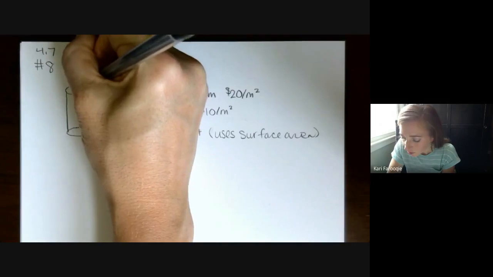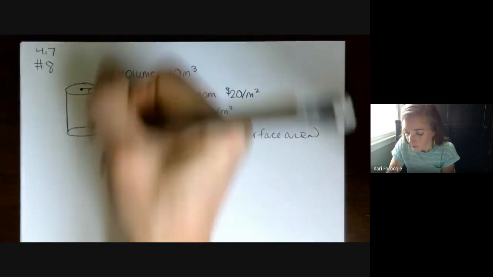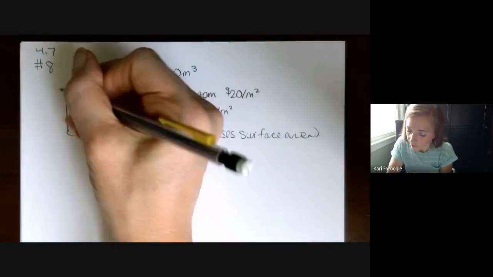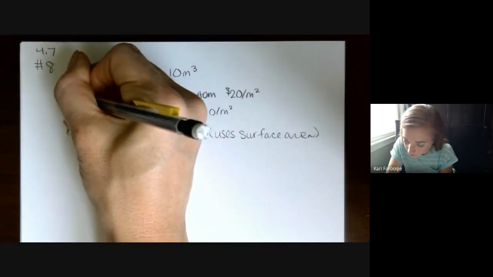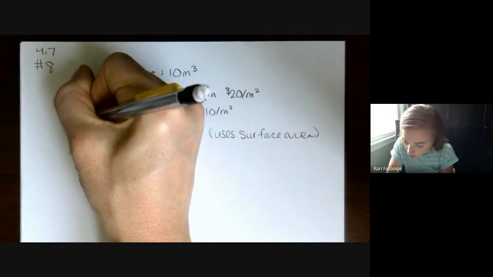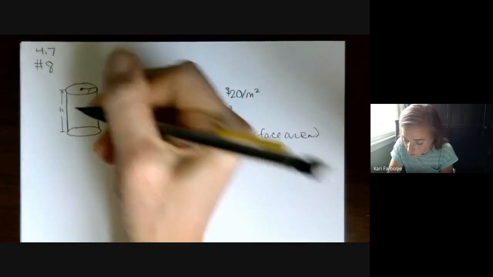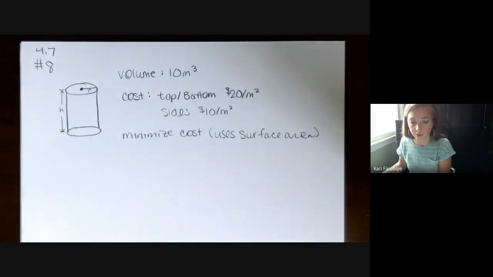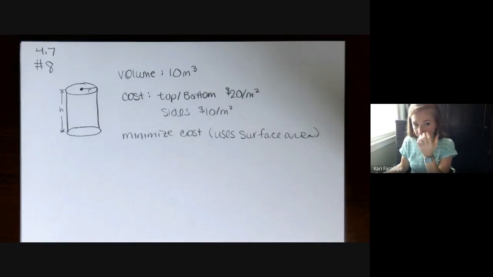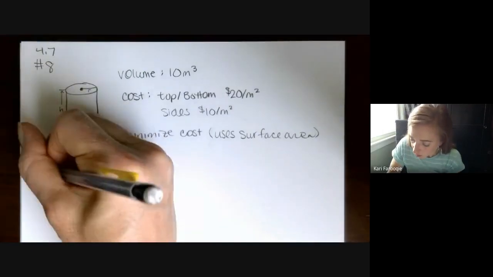We just have the cylinder of radius r, and the height of the cylinder is h. And normally I do like to use x and y, but if I have something that's geometrical like this that has formulas that rely on r and h, I tend to just go with those. So the volume of a cylinder is pi r squared h.